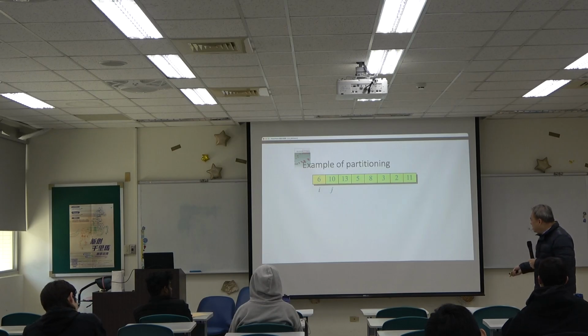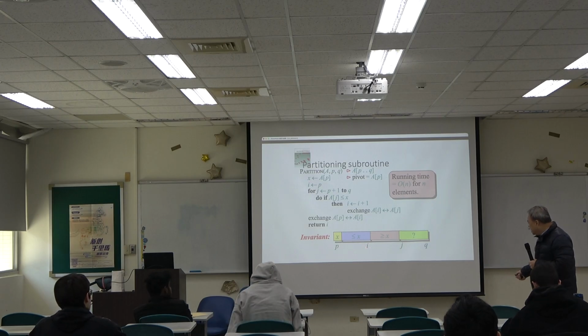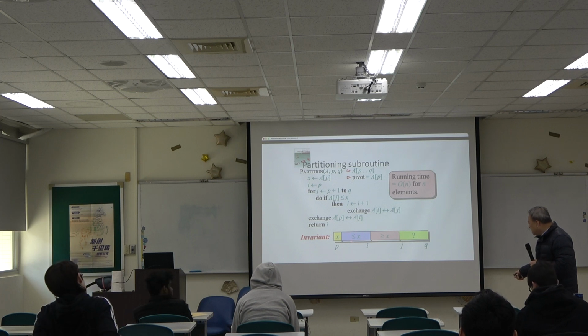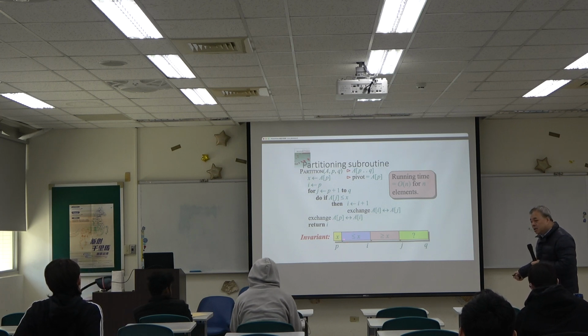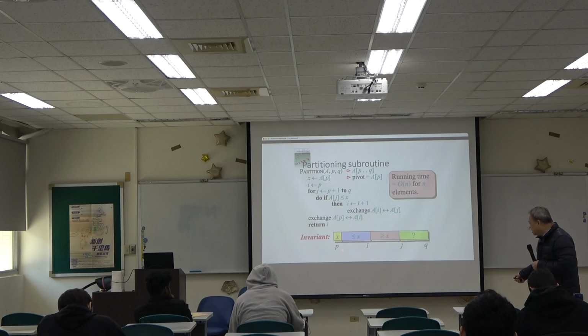By the way, let me give you one more piece of information. The I indicates the index of the last element in the purple part. Initially we don't have anything in the purple part, so I will be sitting at the same place as x.